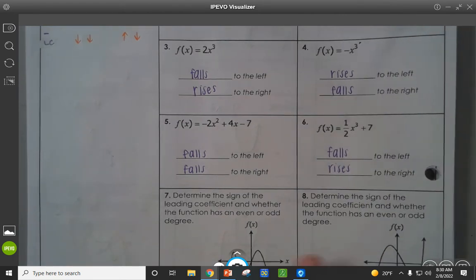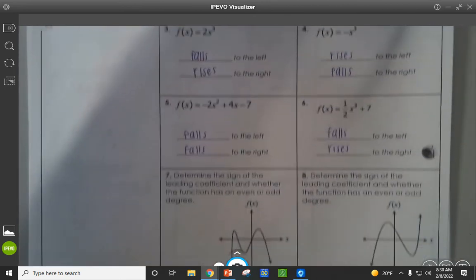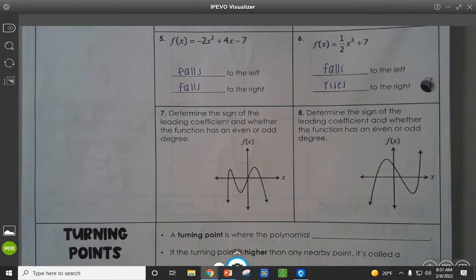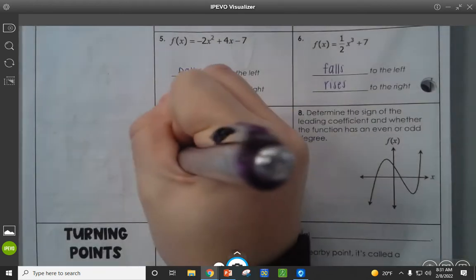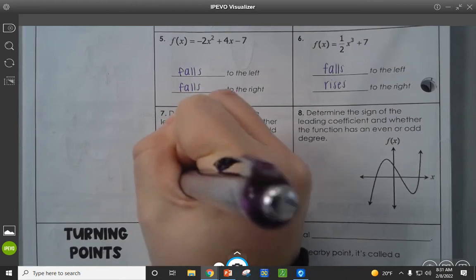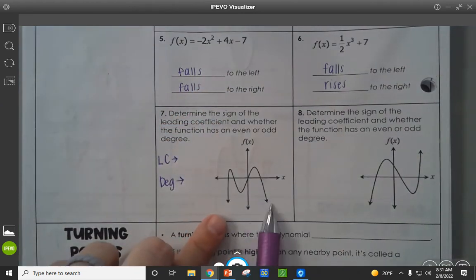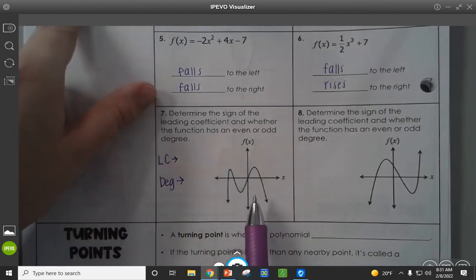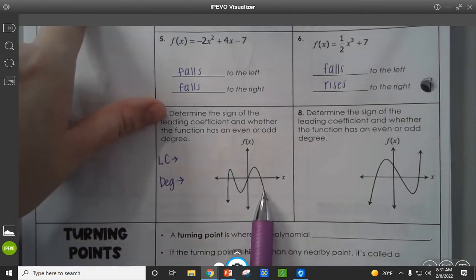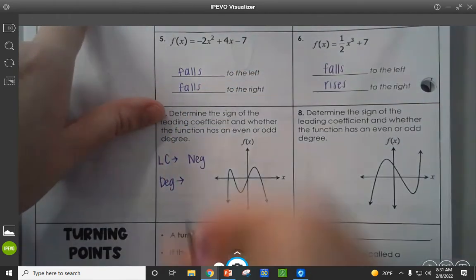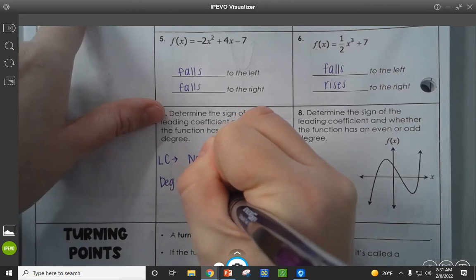Number 7 and 8, I'm giving you a graph, and you need to tell what the leading coefficient is and the degree. So here we have 2 arrows that point down. So if we look at our chart, that is a negative leading coefficient and an even degree.